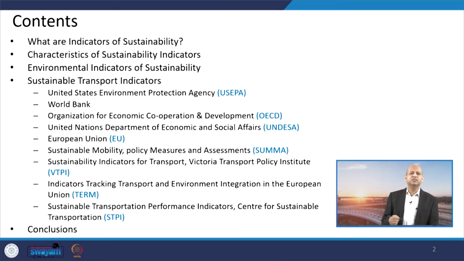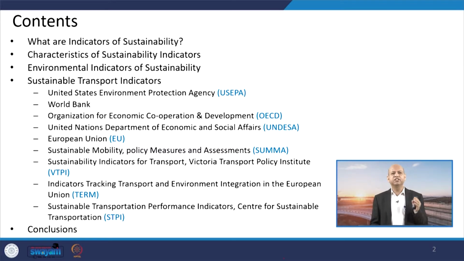Then we will see the sustainable transport indicators proposed by several agencies like the United States Environmental Protection Agency (US EPA), the World Bank, the Organization for Economic Cooperation and Development (OECD), the United Nations Department of Economic and Social Affairs, or the European Union. Then sustainable mobility policy measures and assessments, a project run by the EU.